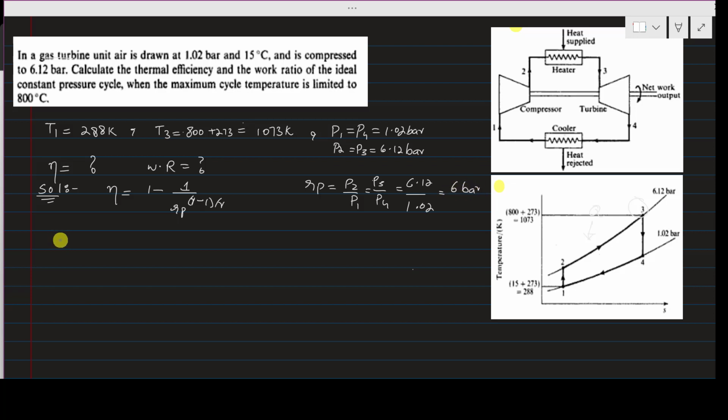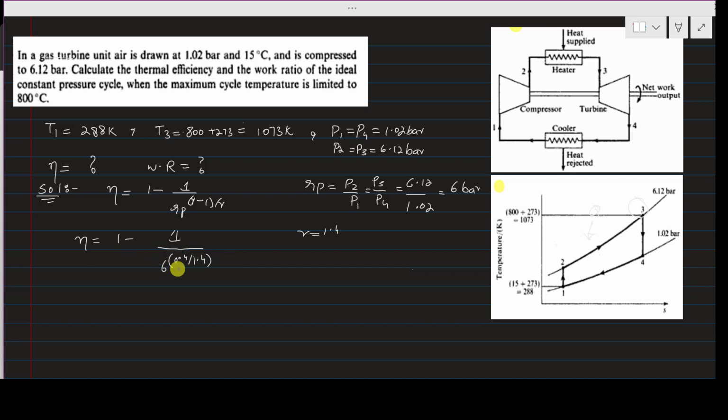Now the thermal efficiency is quite simple to calculate, because the pressure ratio has been calculated. Just enter the corresponding values of the unknowns that we have calculated. You also know the value of gamma is 1.4, so the pressure ratio is 6 and the exponent is gamma minus 1, which is 0.4, divided by 1.4.